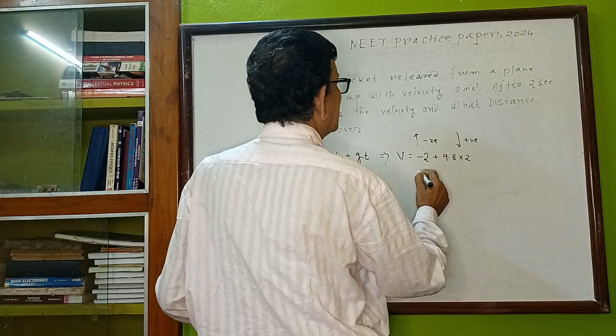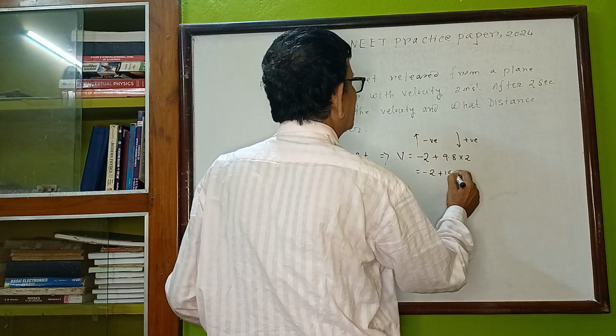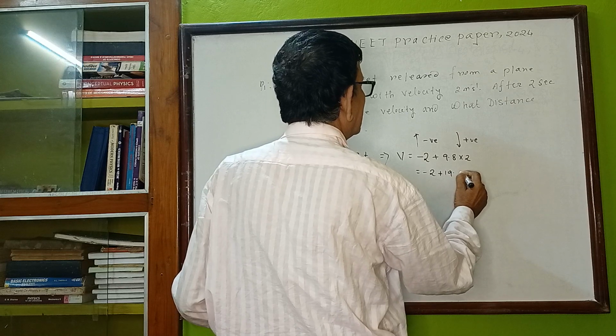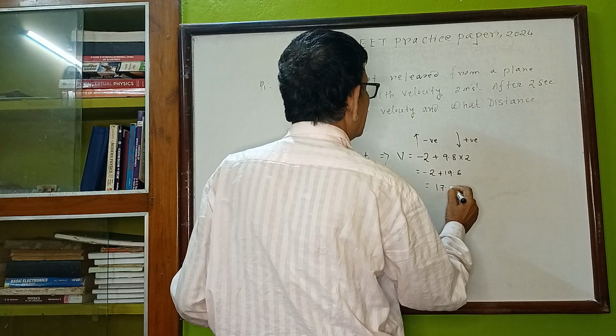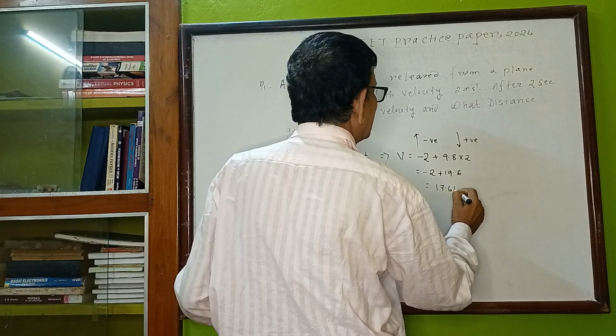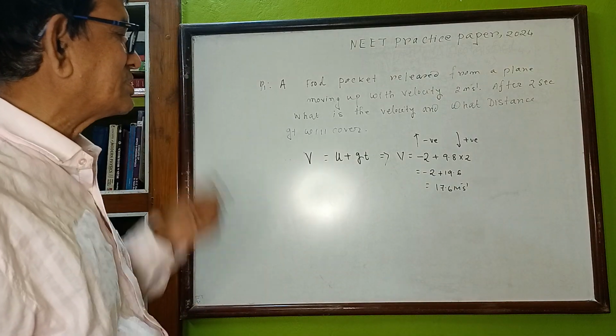Clear? You calculate minus 2 plus 19.6, so the answer will be 17.6 meter per second. So after 2 seconds, velocity is 17.6 meter per second.